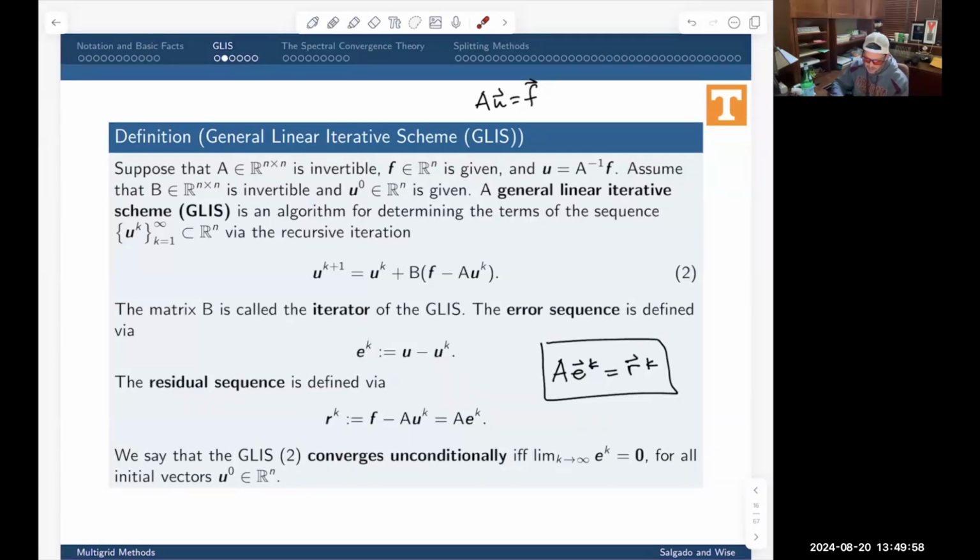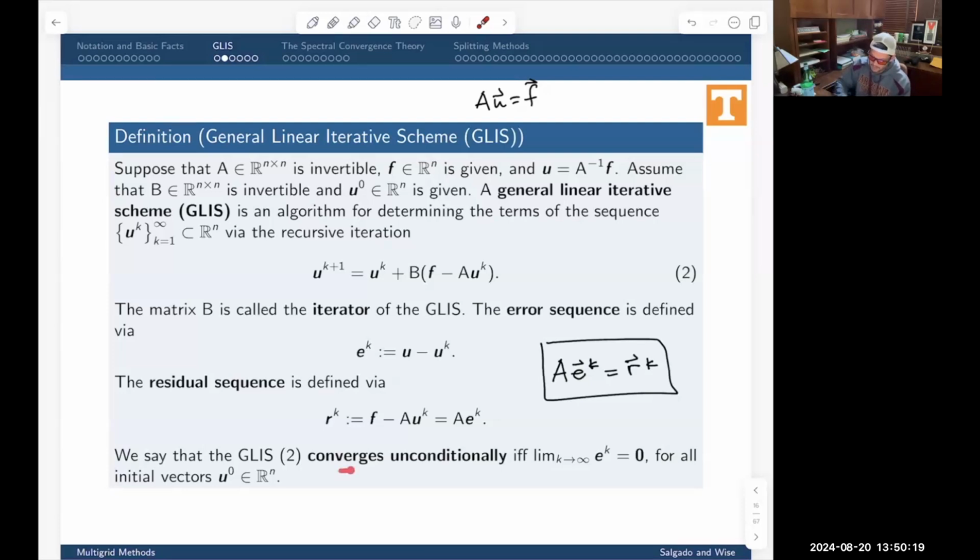And we say that the iterative scheme converges unconditionally if and only if the limit of the error sequence is zero. Remember, I can compute different error sequences depending on how I choose my initial vector u0. So each error sequence depends on the u0 choice.